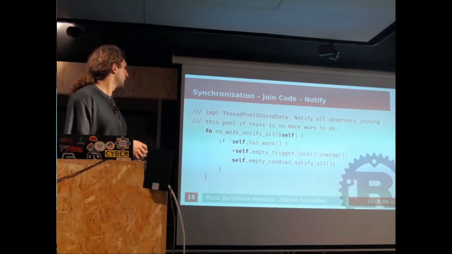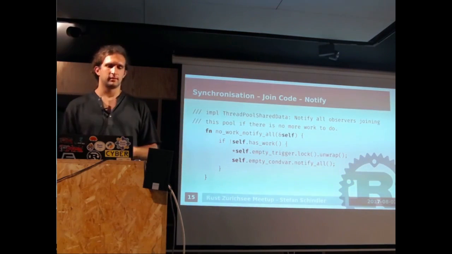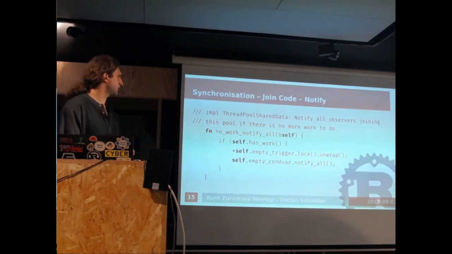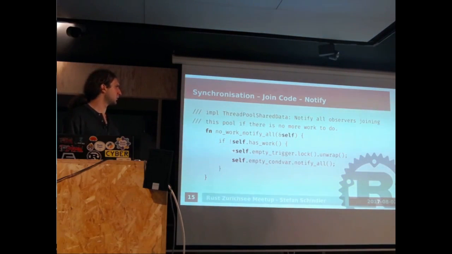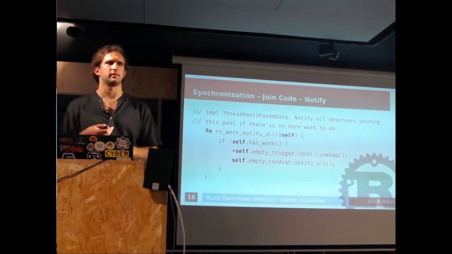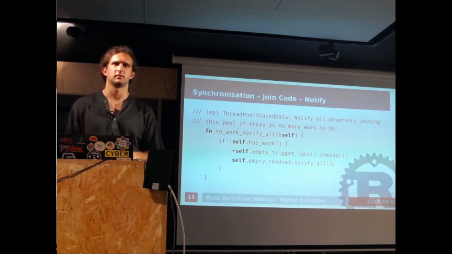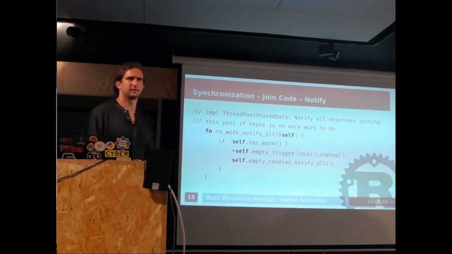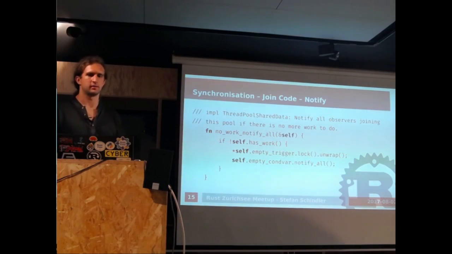This is the function that's implemented on the shared data. And if we have no work, we acquire a lock for the trigger and then notify all the listeners. I think it's called observer pattern in Java. Yeah, this is that. This is the notifying end.